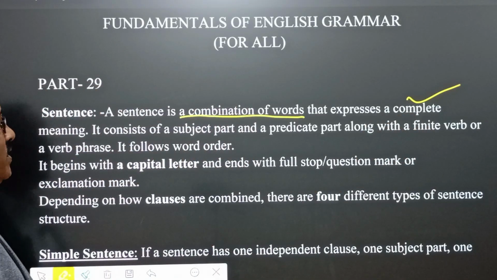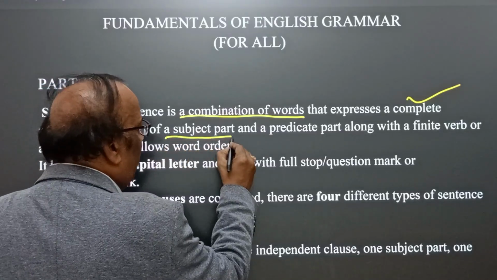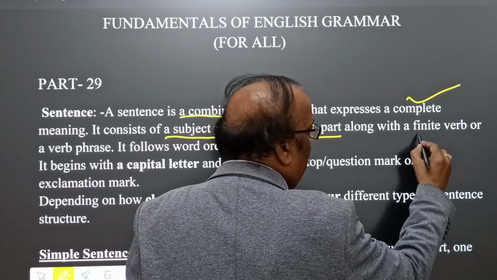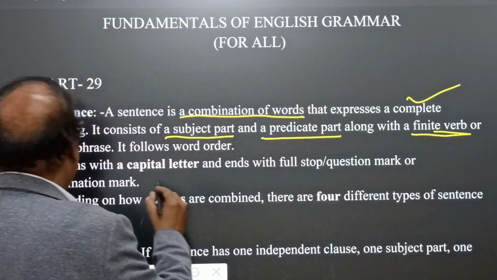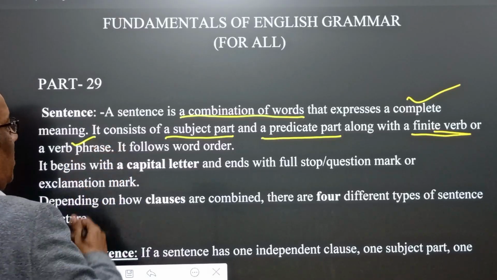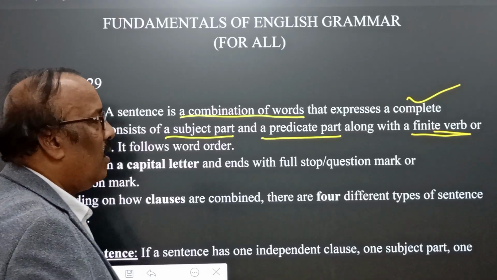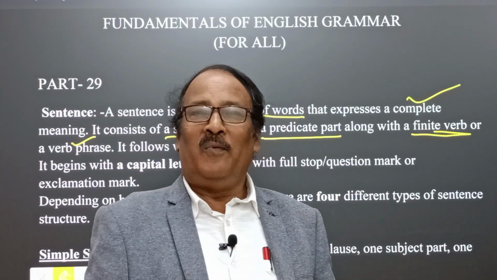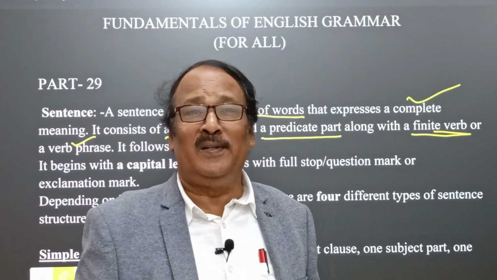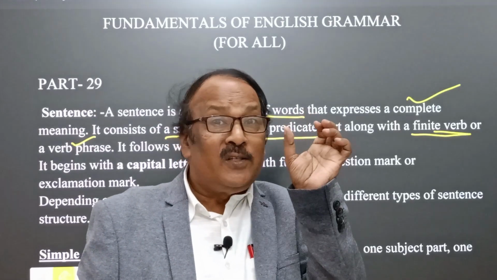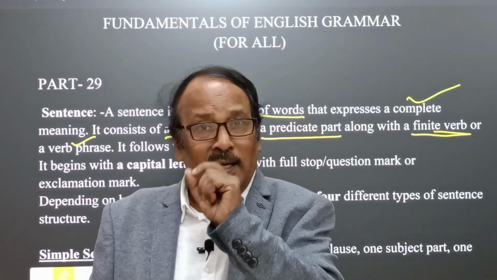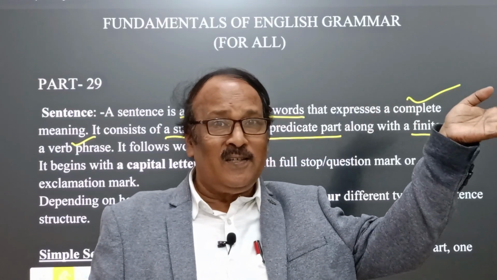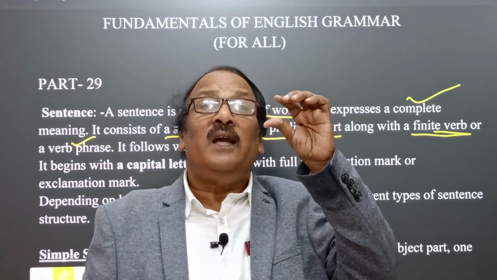It consists of a subject part, a predicate part, along with a finite verb or verb phrase. It follows word order. Very interesting. Like a clause, in a sentence construction there must be a subject part and a predicate part with a finite verb. Finite verb, what we have already discussed, is the verb which takes tense.